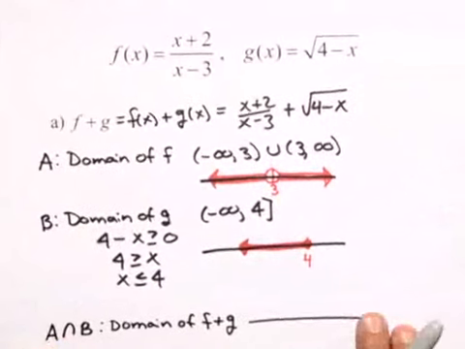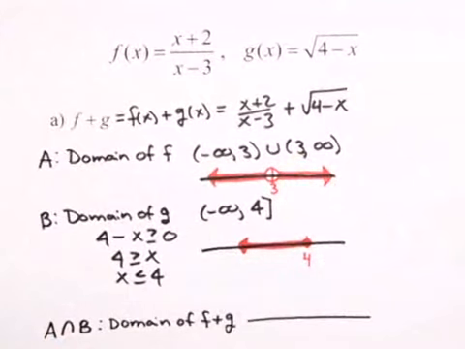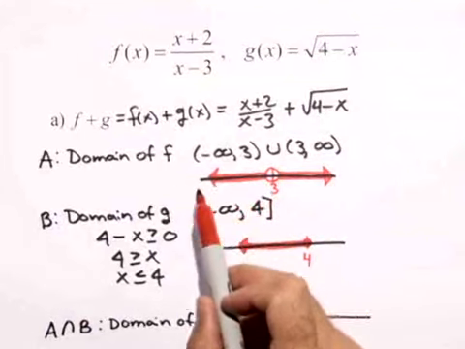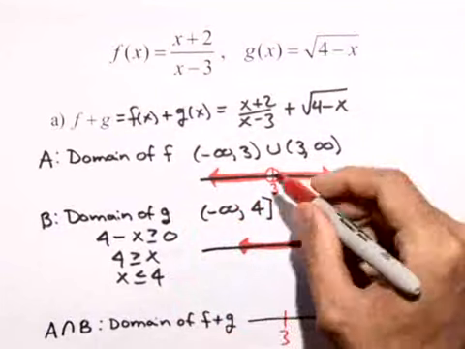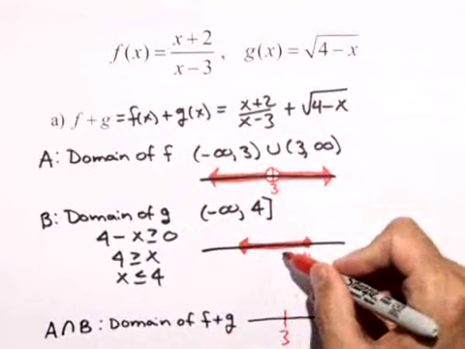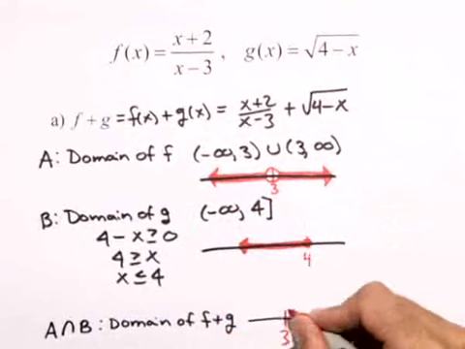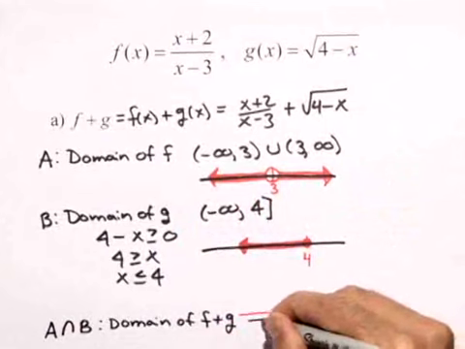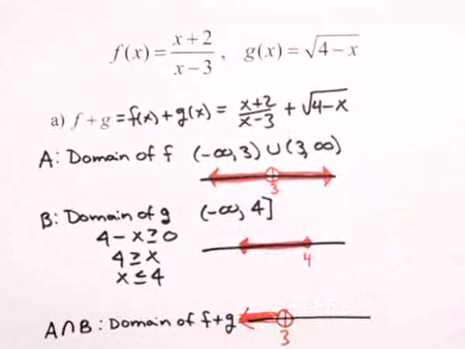Now the domain of f plus g will be the intersection of these two domains. So let's see if we can figure that out. Notice that both domains extend indefinitely to the left, okay? But the first domain does not include 3, so we can't include it here. So we start at 3 and go to the left forever, okay?